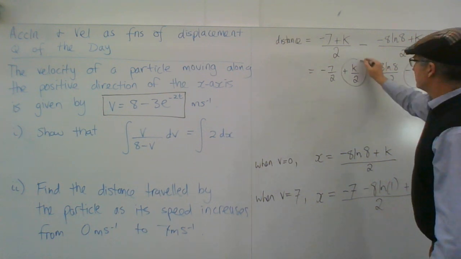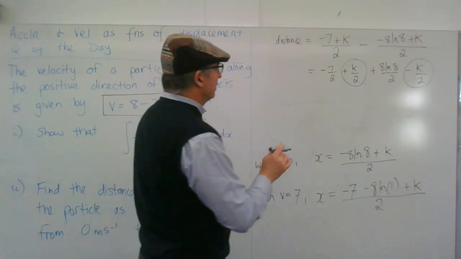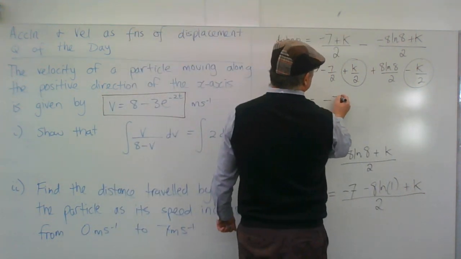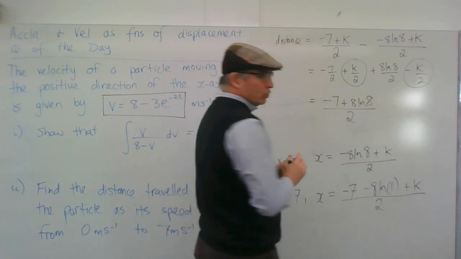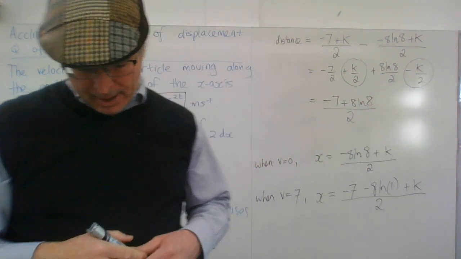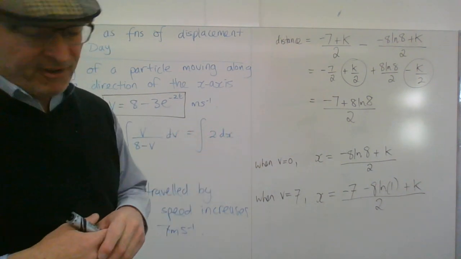That's good because the k's disappear in the subtraction, and you'll get minus 7 plus 8 ln 8 on 2.